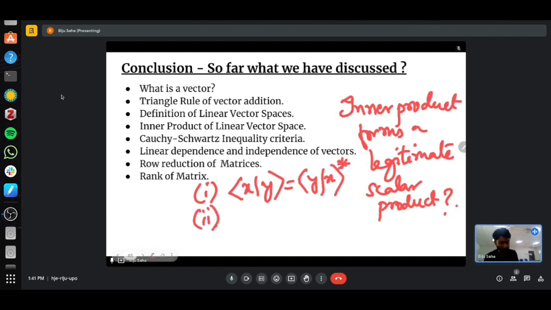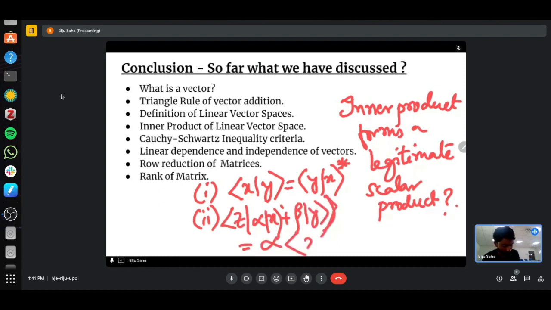The second condition was the distributive property. So z had to distribute to x and y respectively. That was the linearity, and the inner product definition should obey this condition also.